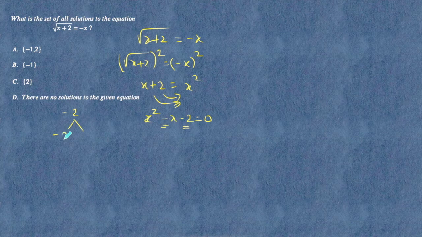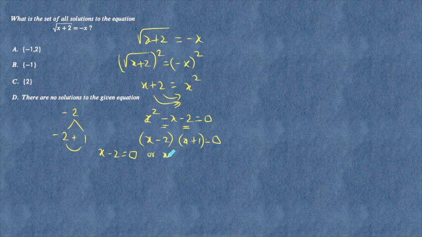So the numbers would be minus 2 and 1. When you multiply, you get minus 2, and then when you add, you get minus 1. Perfect. So now we can write this as x minus 2 times x plus 1 equals 0, which gives you x minus 2 equals 0 or x plus 1 equals 0. So now you'll get x equals 2 or x equals minus 1.